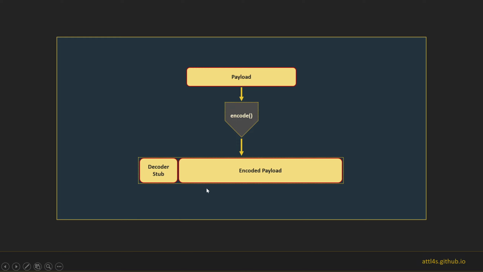This works very similarly to what we have seen with the bootstrap and the reflective DLLs. When we execute position 0 of this shellcode, we execute the decoder stub. The decoder stub decodes the payload and executes it afterwards.